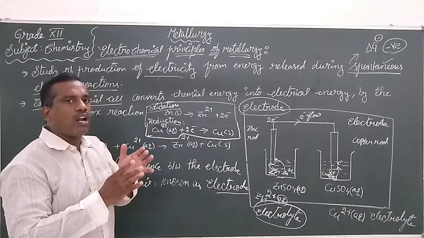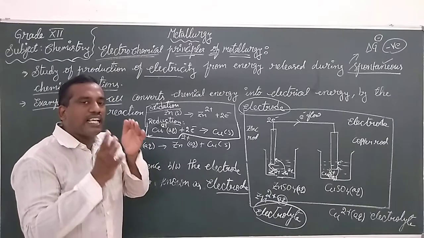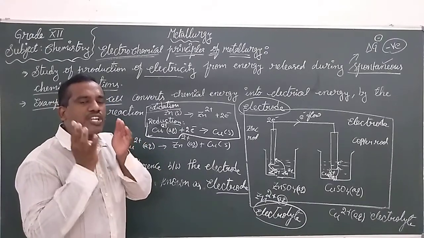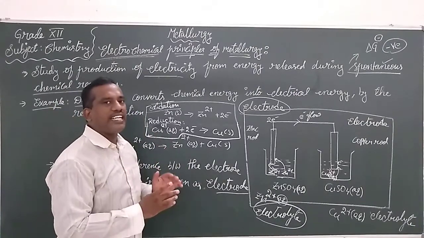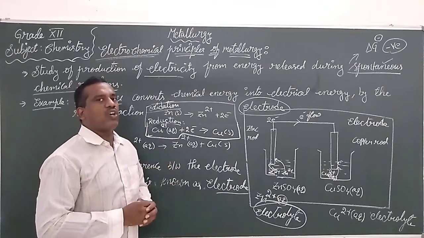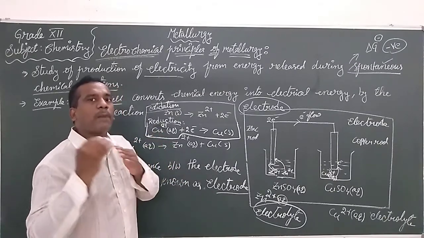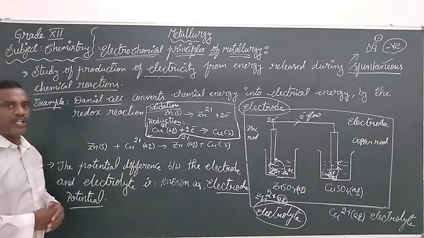This overall movement of atoms or ions is creating a potential difference at the electrode. That is called the electrode potential. What is that called? The electrode potential.